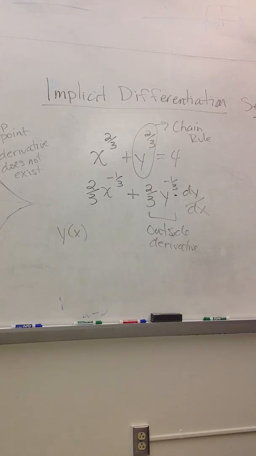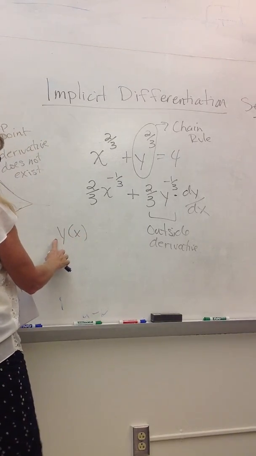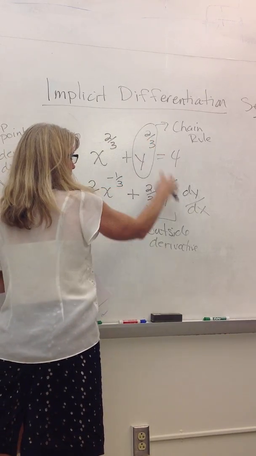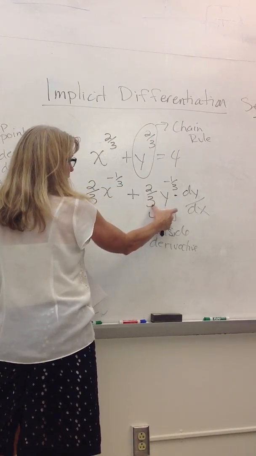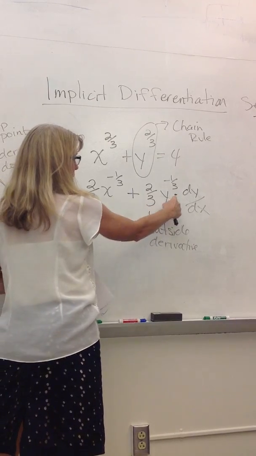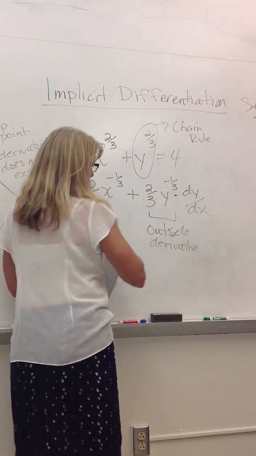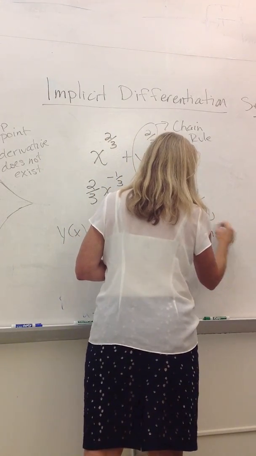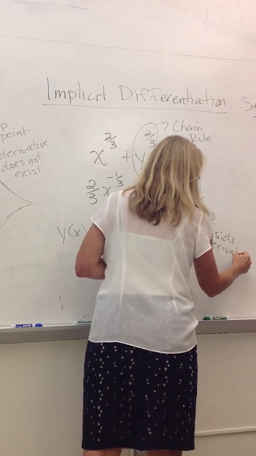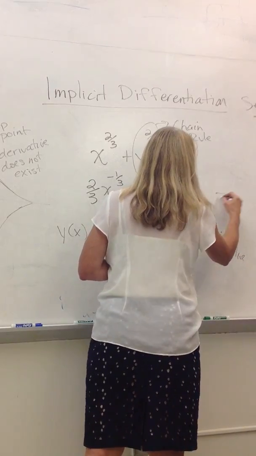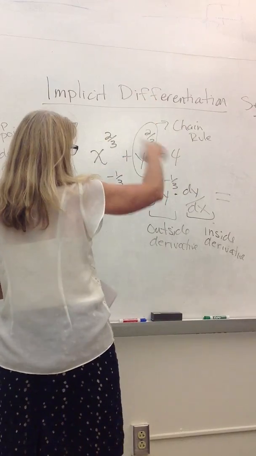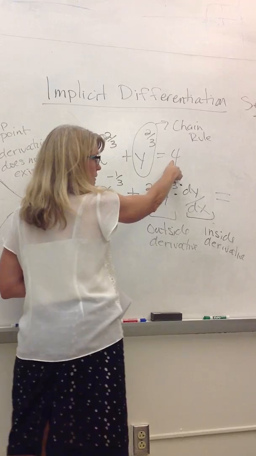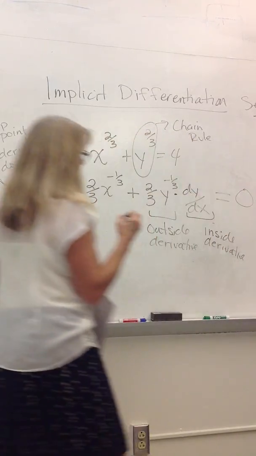You just need to recognize that y is some function of x, plugged inside this 2/3 power. So this is the derivative of the inside. And then you take the derivative of both sides of the equation, no matter what you have on both sides. In this case, the derivative of 4 is going to be 0.